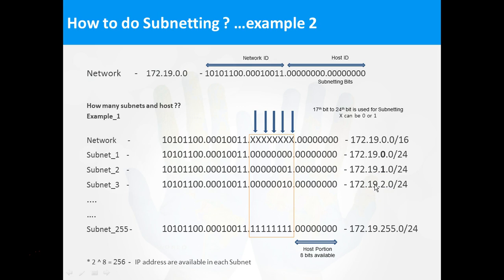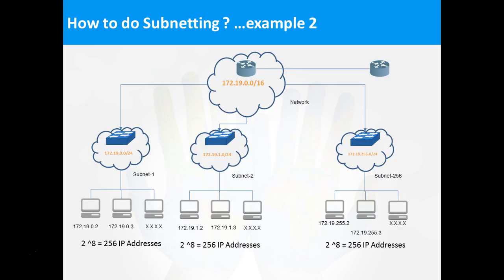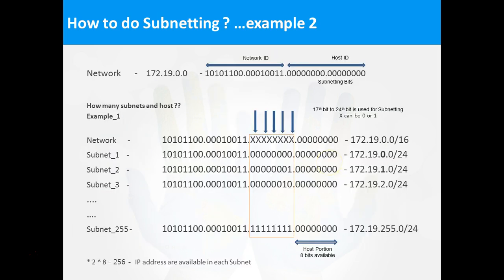And the same is depicted in this picture. Before seeing this picture, you should know the last 8 bits are used for host IDs, or host portions. So here only you should configure or number your hosts. You can see the CIDR range for subnets becomes 24, because we have taken all the 8 bits, the third octet fully, for making the subnets.